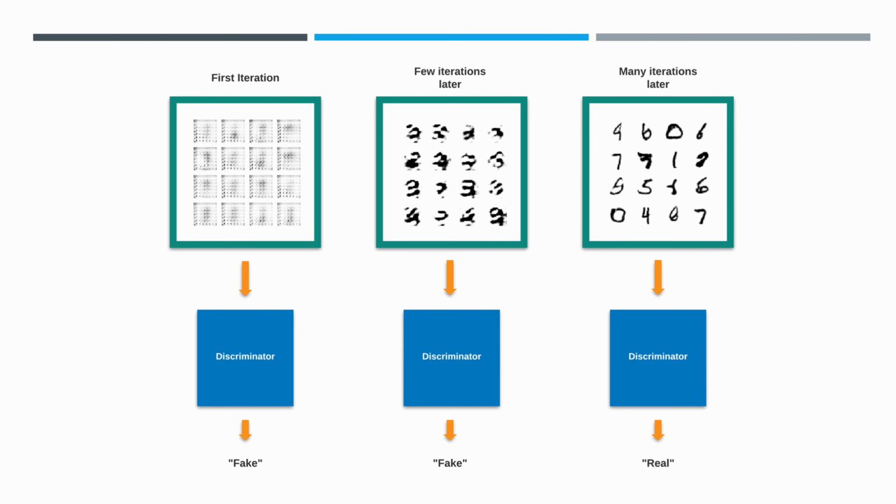But after many hundreds of iterations, there will come a point where the discriminator will not be able to identify that the images fed to it are generated images, and it may start classifying them as real images. So the goal of the generator will be to at one point start generating images that are indistinguishable from the real ones.